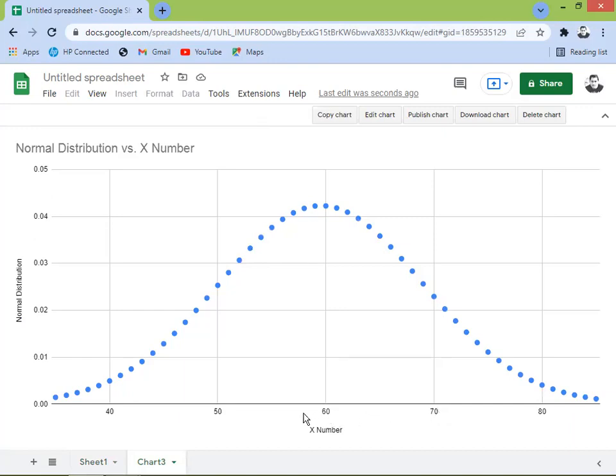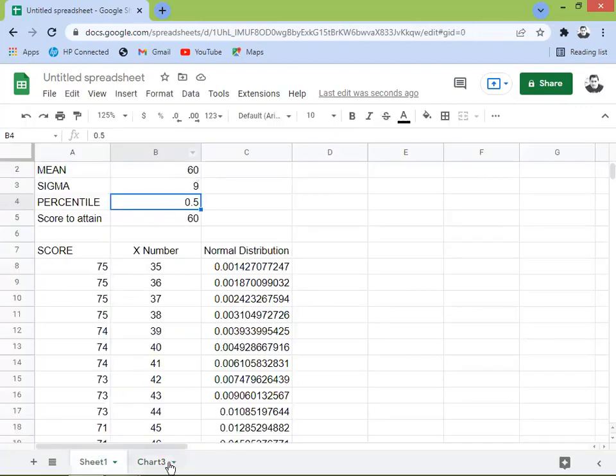Going to the left would be negative 1, negative 2, negative 3 sigma. And the mean number is the 60 that we have here, and the sigma is 9.